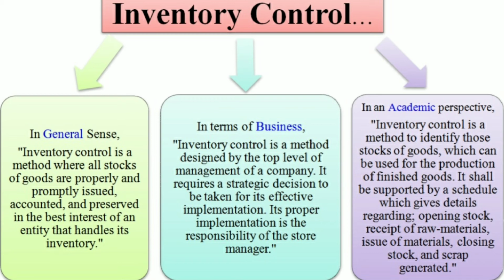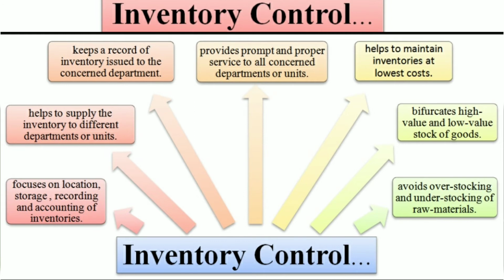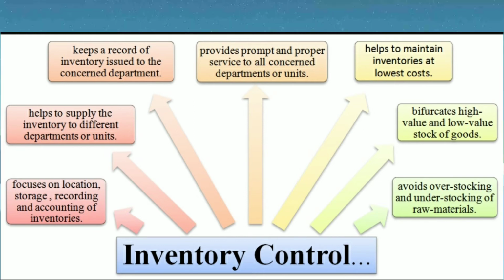Now, inventory control focuses on location, storage, recording, and accounting of inventories. Inventory control helps to supply the inventory to different departments or units. It keeps a record of inventory issued to the concerned department. Now you must go through all these points.